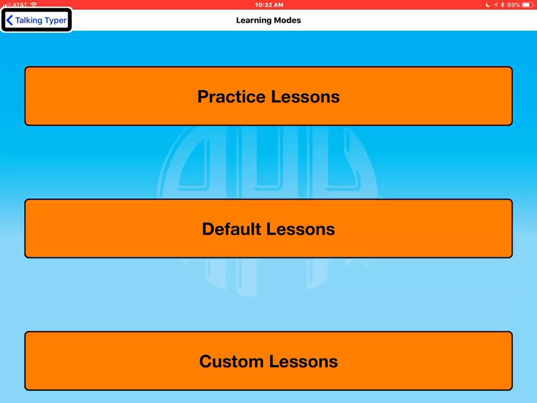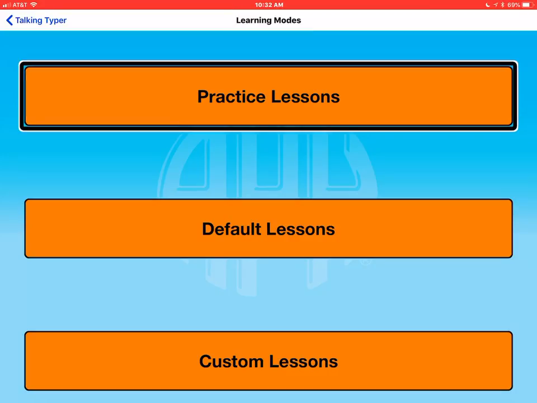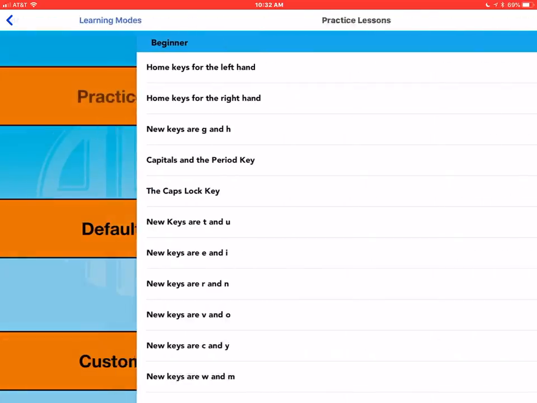So here again, we're going to want to do our practice lessons because that's where we would be sending our students. So at this time, I'm just going to use the right arrow key since I have a Bluetooth keyboard until my focus is at practice and lessons. And then with the Bluetooth keyboard, I would press the up arrow and the down arrow at the same time to select it, or use a finger gesture to just double tap anywhere on the screen with 1 finger.